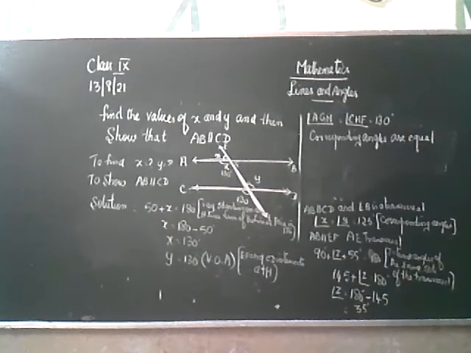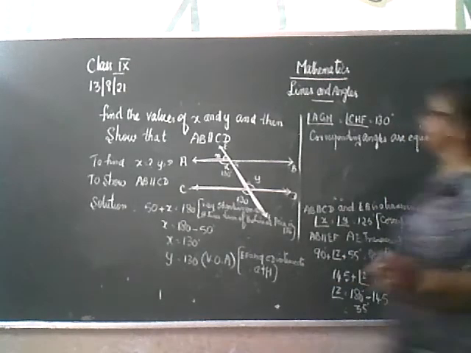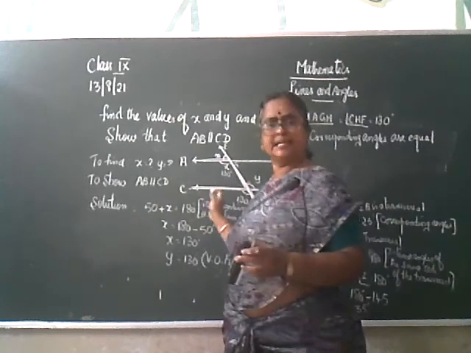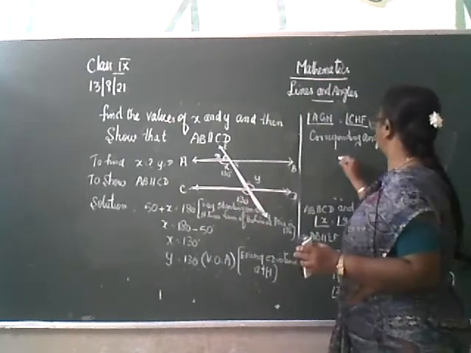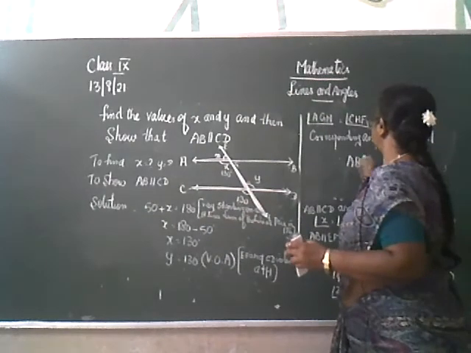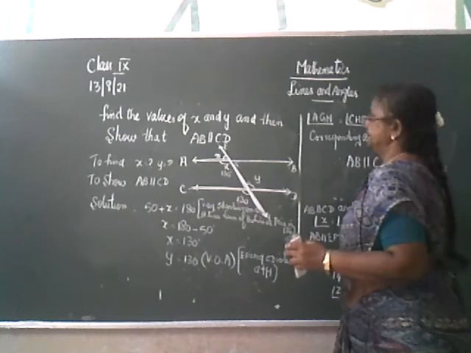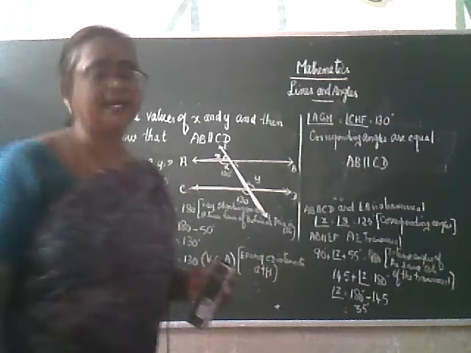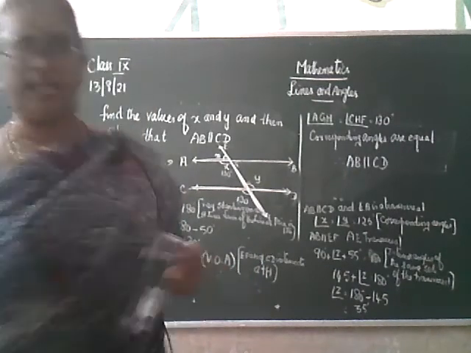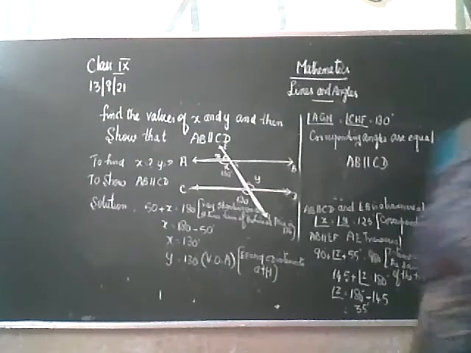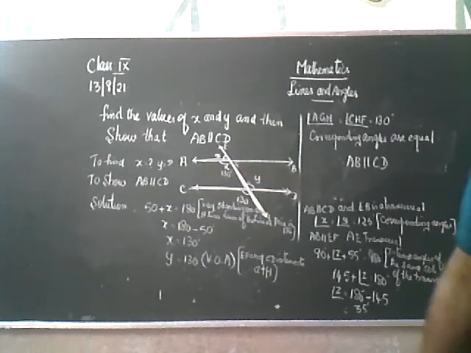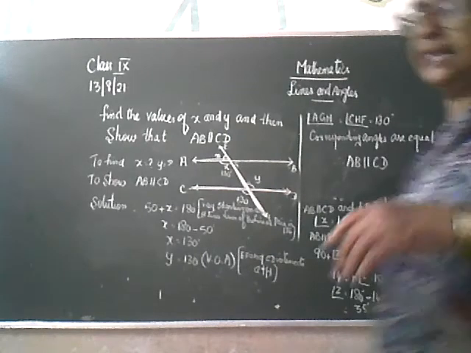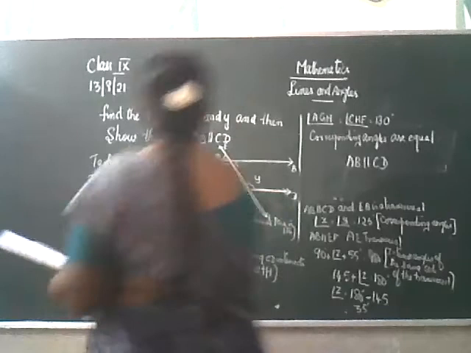When corresponding angles are equal, you can say that two lines are parallel. Therefore, AB is parallel to CD. Okay? Understood now? So both x and y are the same. Then corresponding angles are equal. Therefore, the lines are parallel.